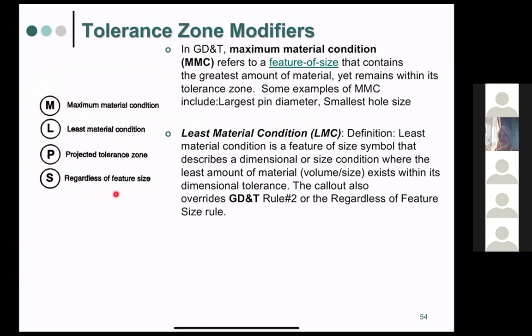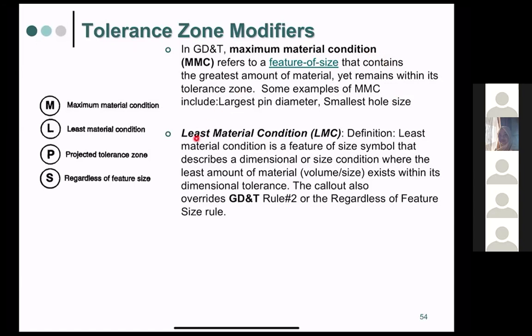In GD&T, maximum material condition is the feature of size that contains the greatest amount of material yet remains within the tolerance zone. For example, the largest pin diameter, the largest shaft diameter, or the smallest hole size. That is called the maximum material condition.